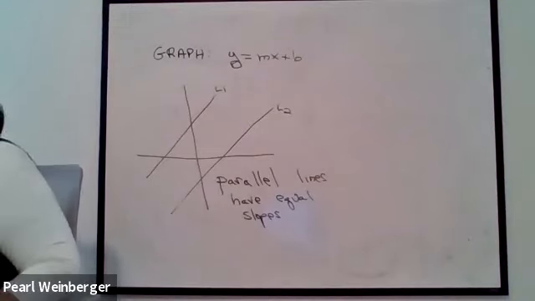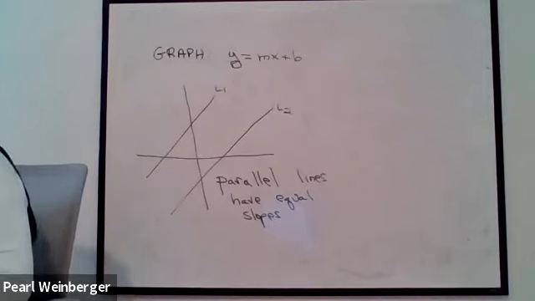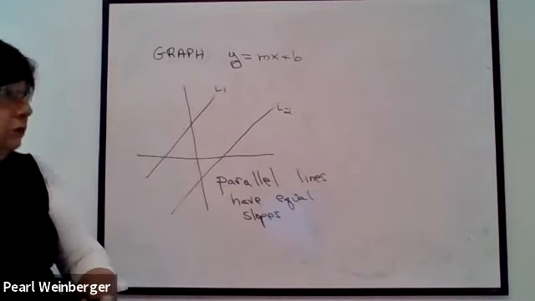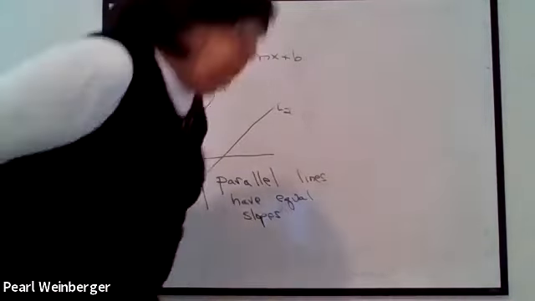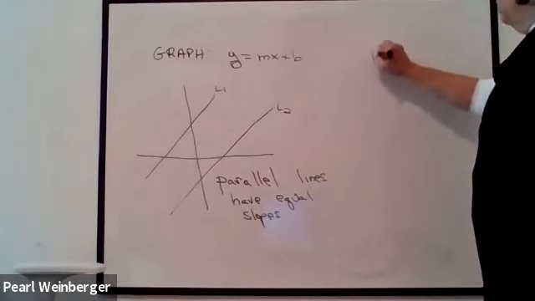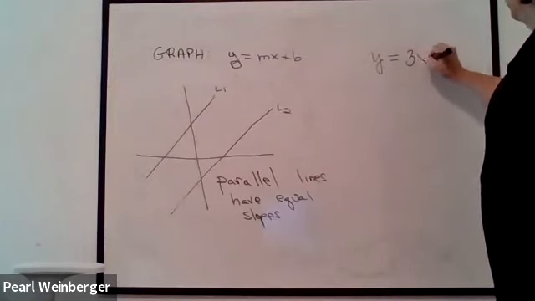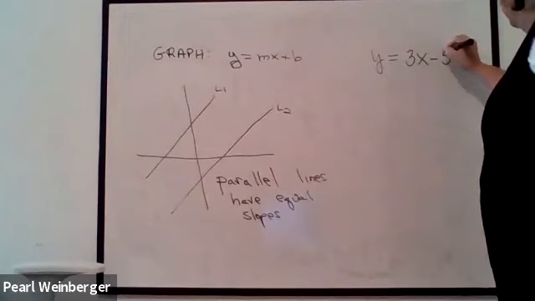Okay, so I'm going to give you an equation of two lines, and you're going to tell me if those two lines are parallel or not. So here's my first one. y equals 3x minus 5.